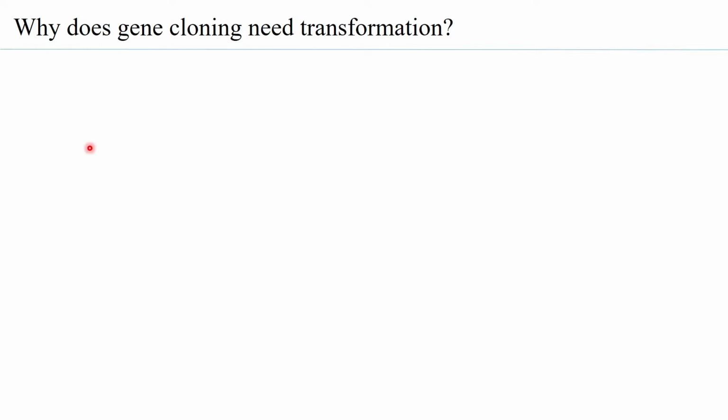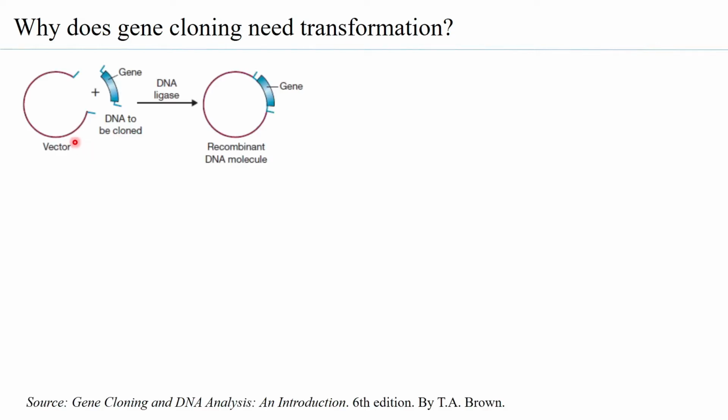Now, in gene cloning, we know that a vector, which could be either a plasmid DNA or a phage DNA, is cut by a restriction endonuclease so that a gene of interest can be fit into it.